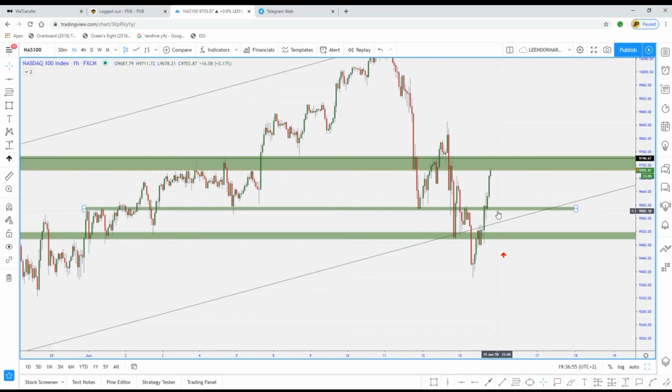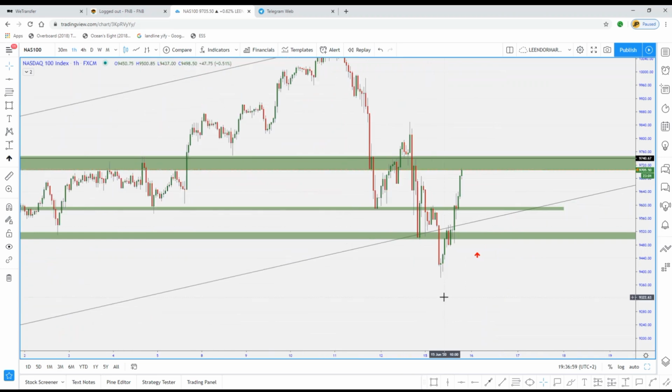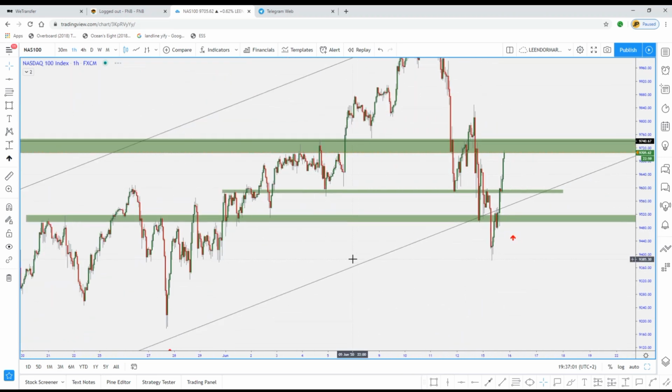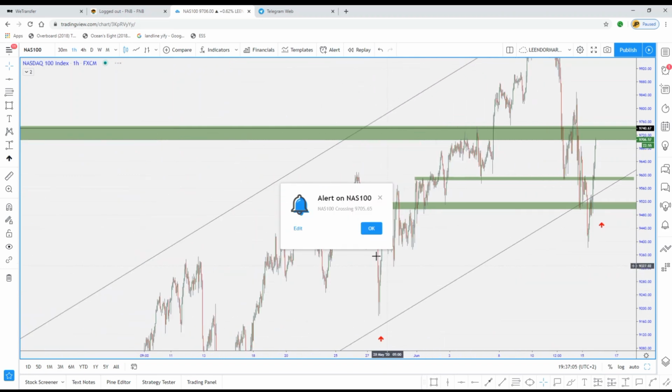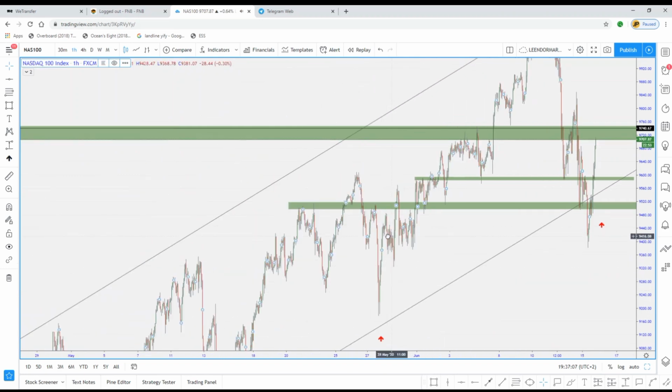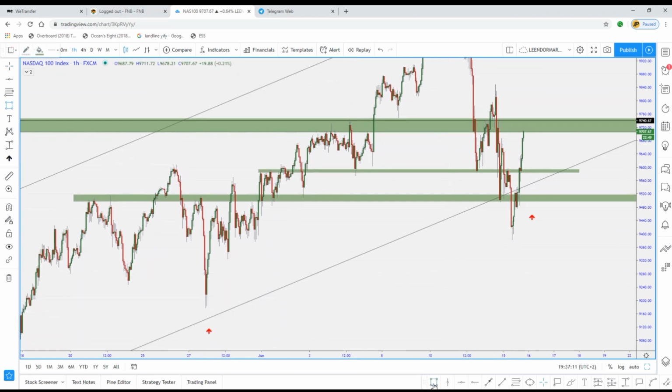Even there, the market did break above, came back to retest, and has been rallying nicely to the upside. The market has been beautifully doing that. On smaller time frames, it is beautiful that they can show you levels that higher time frames cannot show you, especially on Nasdaq.